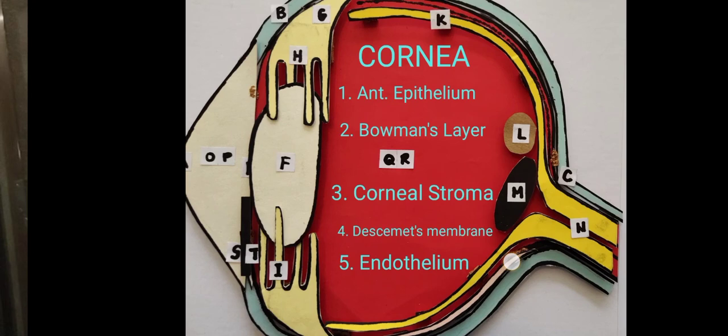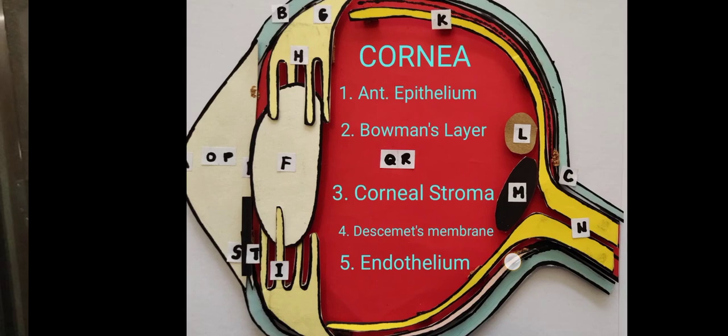Now, the third layer of the cornea is the corneal stroma. The corneal stroma is the biggest or the largest layer of the cornea. It is about 90% of the total mass of the cornea.